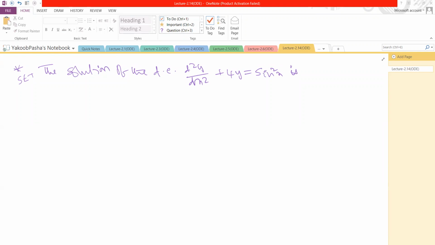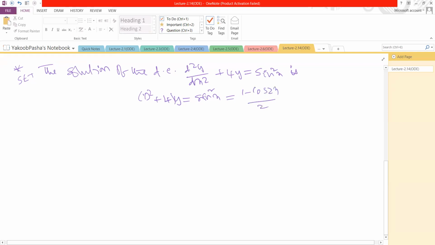First I am writing the operator form: D square plus 4 into y is equal to sin square x. Sin square x can be written as 1 minus cos 2x by 2.